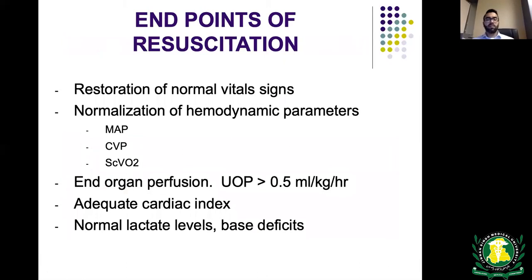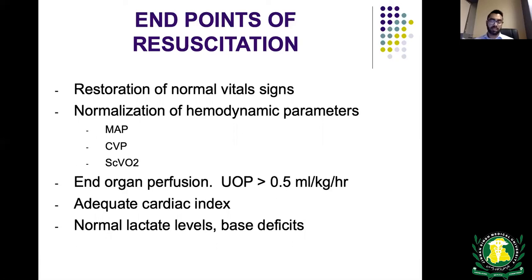And what are the endpoints of resuscitation, the goals? If you look at the literature, there are various algorithms to diagnose shock, how to manage it, how to treat them, and what should be your endpoints.